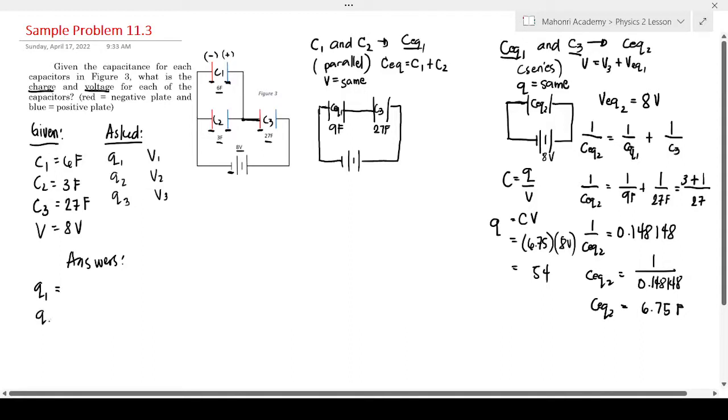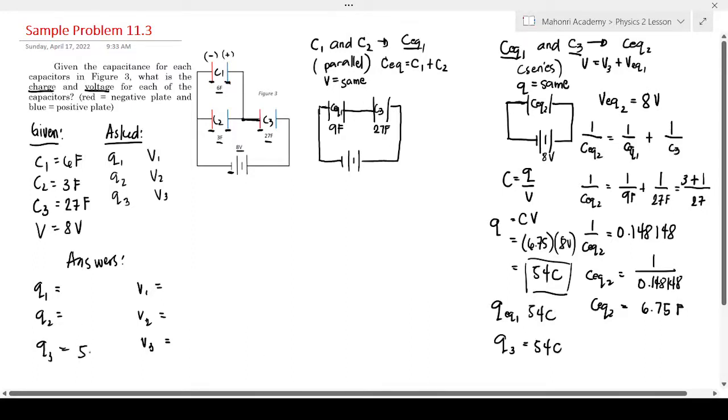Q1, Q2, and Q3, and then we have our volts 1, volts 2, and volts 3. So we have our 54 coulombs. So this 54 coulombs is equal to the Q for EQ1 and the Q for C3, 54 coulombs and 54 coulombs.